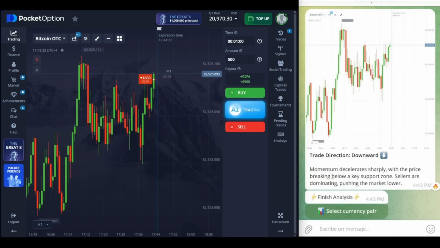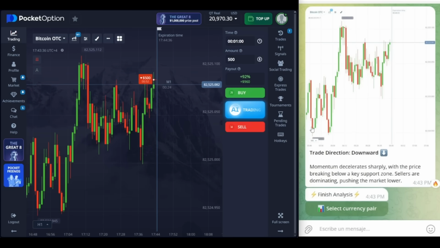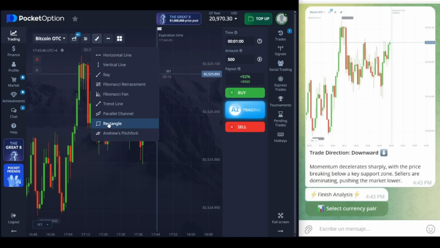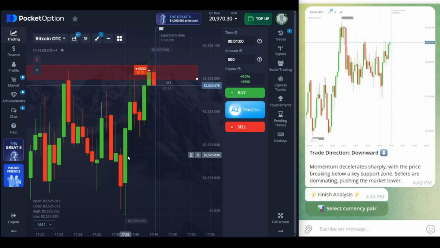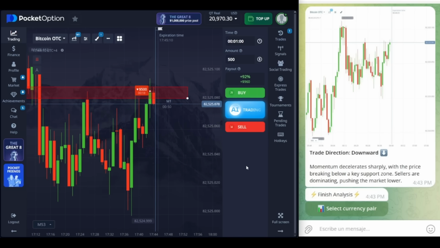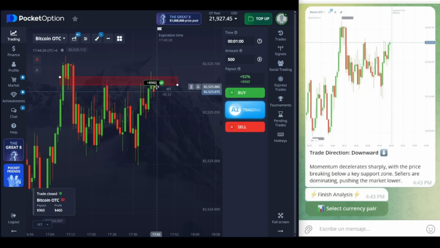Bot confirms momentum is breaking down. We've already touched the resistance zone. Perfect timing. Fast, easy, no manual thinking. Bot does all the work, just click and enter. Another $460 in profit in just 1 minute.